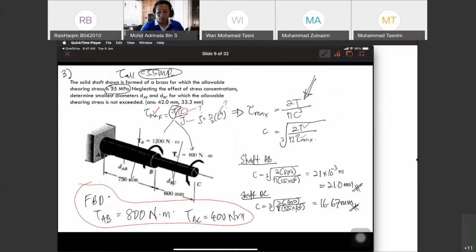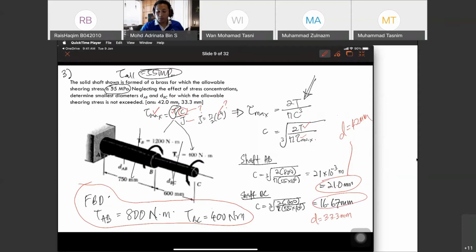Okay. Salah. Bukan ini yang akhir. Okay. Right. So from that one 21 mm, 21 mm ni C, so dia punya D adalah 42 mm dan ni adalah 33.3 mm.